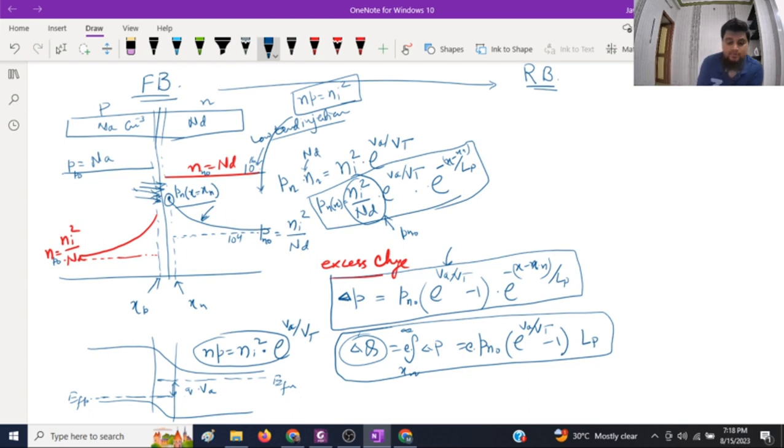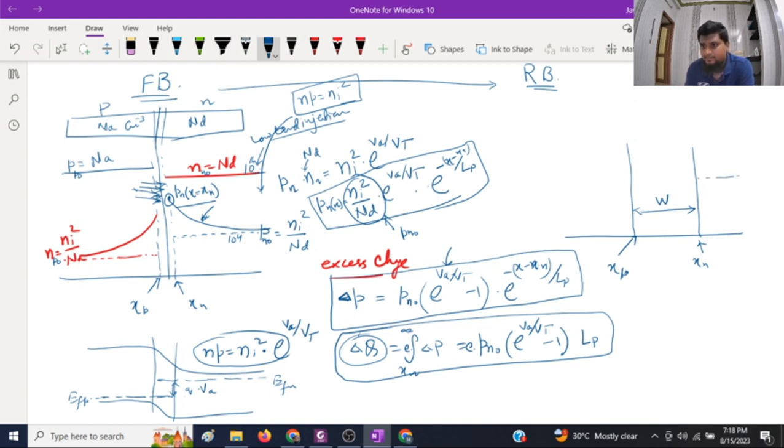Now suddenly, if you switch off the forward bias, and not only switch it off but apply a reverse bias, then what will happen? Now you see the reverse bias condition. In case of reverse bias, this junction width has to increase, right? So the junction width W will be quite large as compared to the forward bias case.